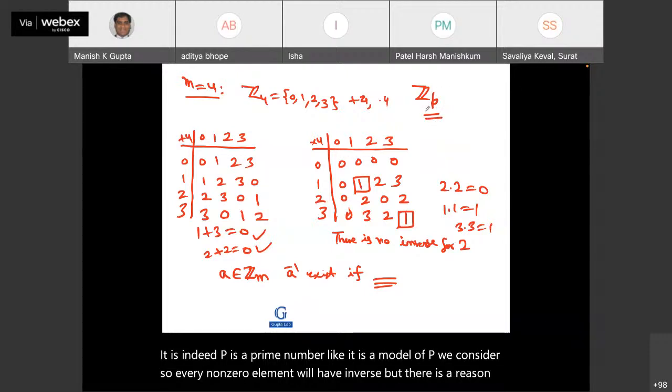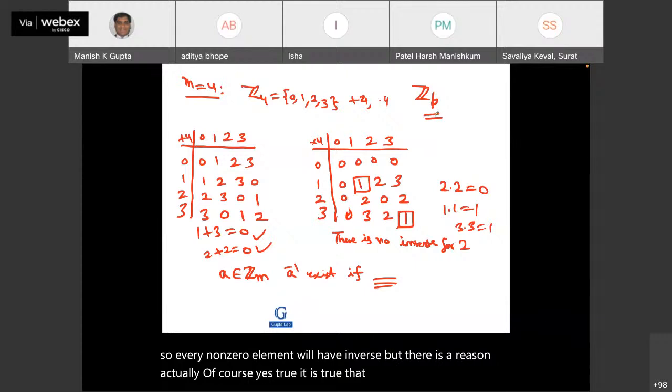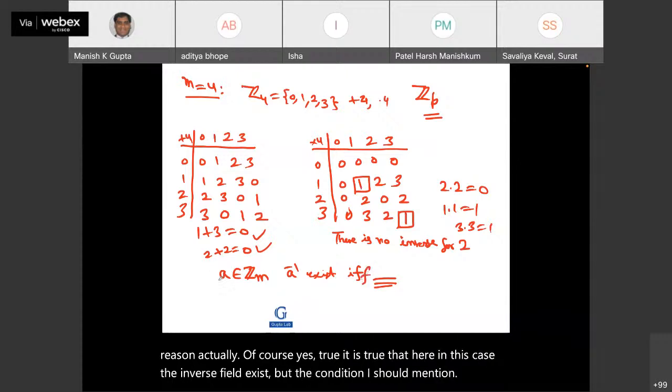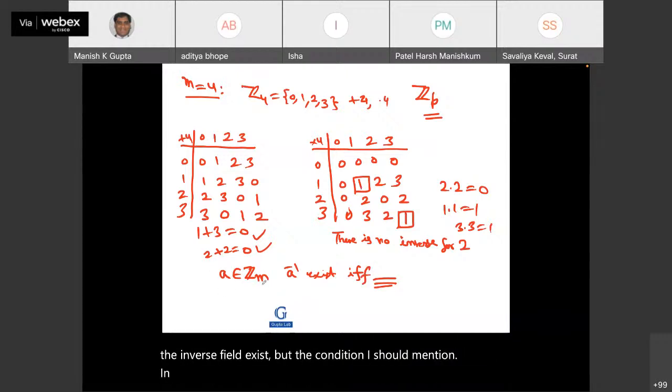Of course, it is true that in this case the inverse will exist, but the condition I should mention is that an element A in integer modulo M has an inverse if and only if GCD of A and M is 1. This is a very beautiful condition actually.